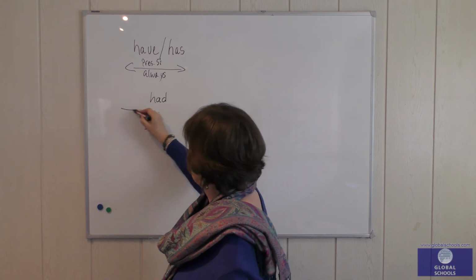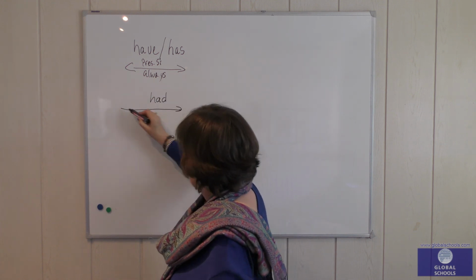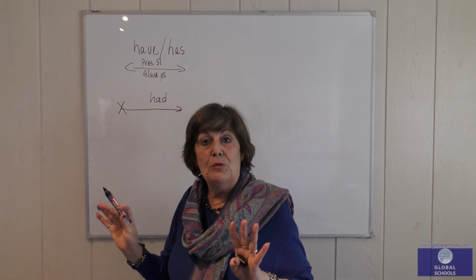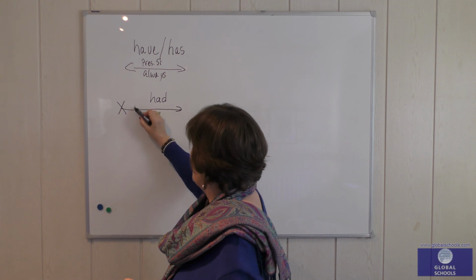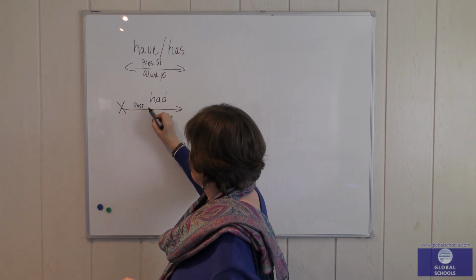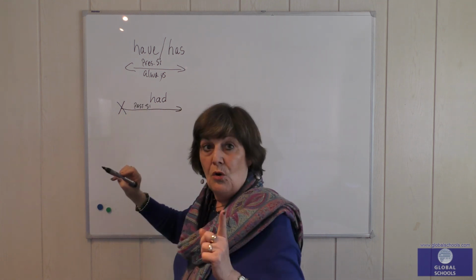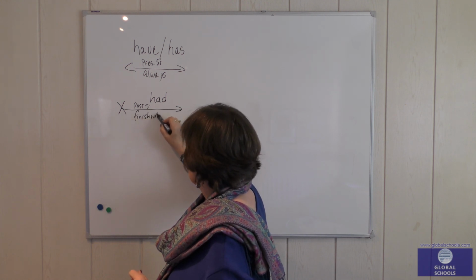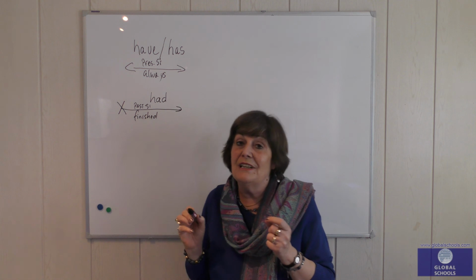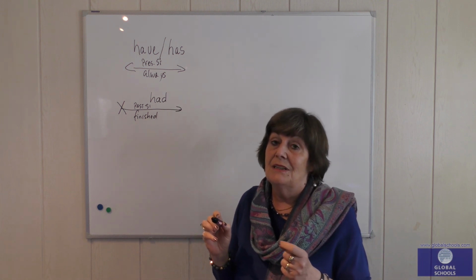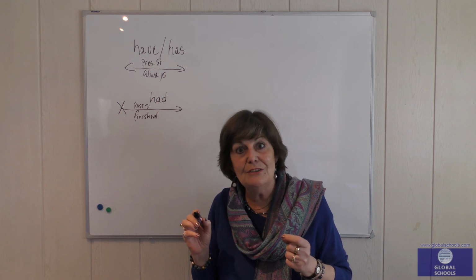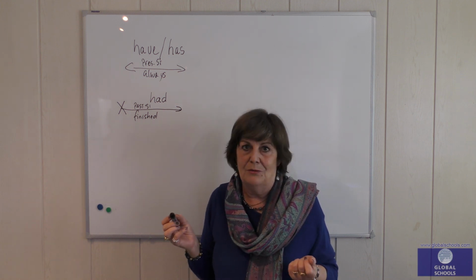When we take this timeline, had is back here. It is the same verb, only in grammar we call it past simple, or I call it the finished form, because the had you only use when the action is completely finished. When I say, I had a piano 2 years ago, well, I don't have a piano anymore.